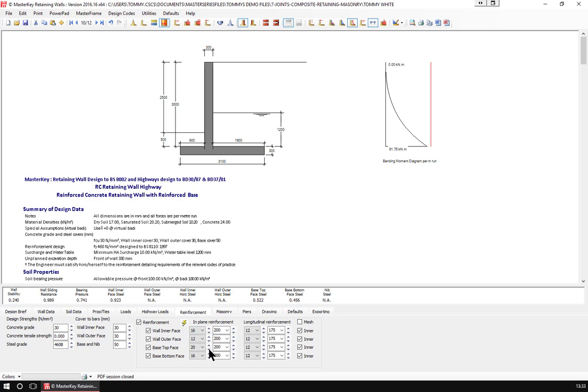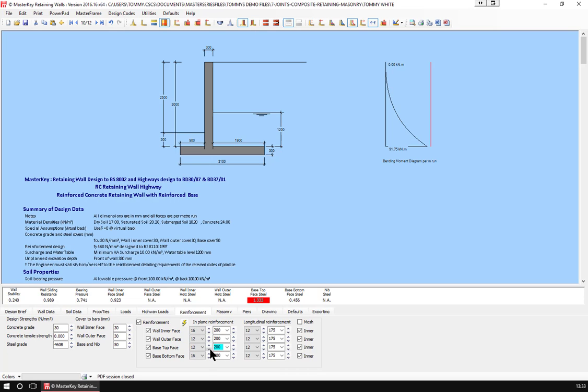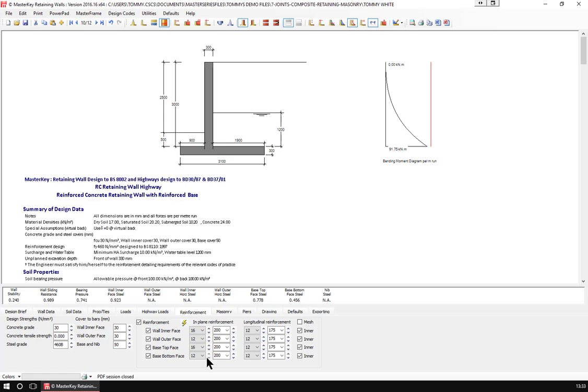Would I need 16s in the base? Actually, no, I don't. So the bottom could be 12s and then 16s, and we could then readjust that back down. I would have thought 150, 200 would be good enough for those. There we go. So that's our highway wall.